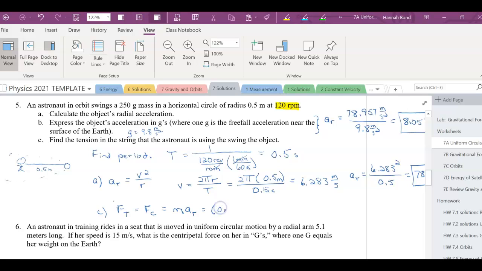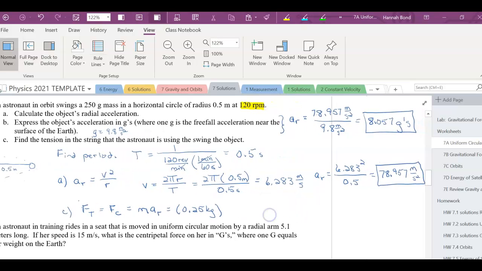I need to convert that to kilograms. That's 0.25 kilograms. And then we found a radial acceleration of 78.957 meters per second squared. And so that tension force must be 19.739 newtons.